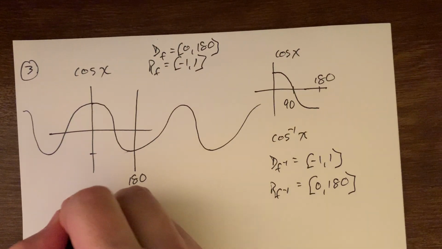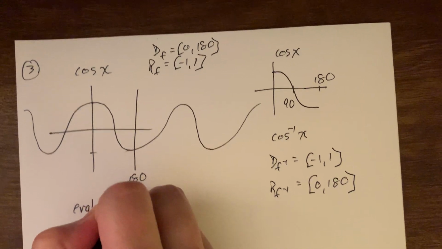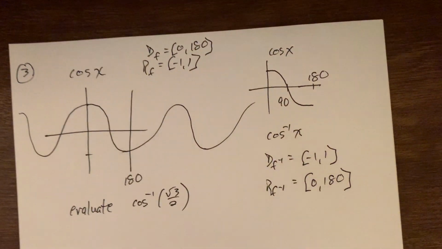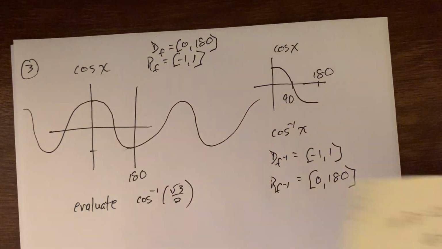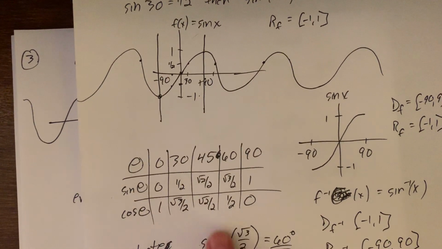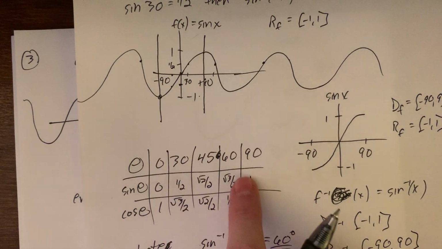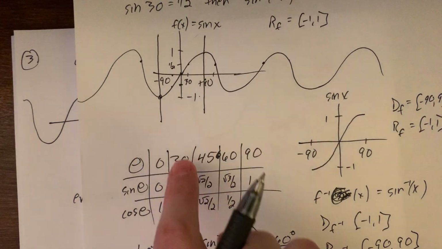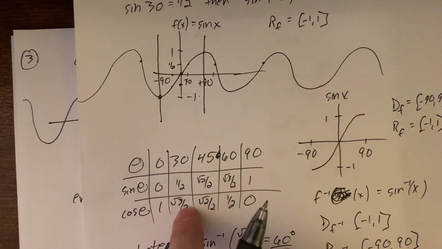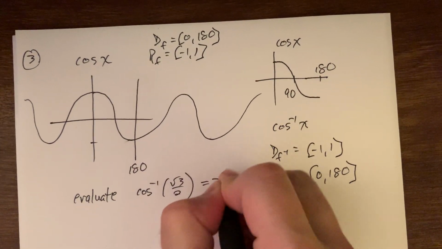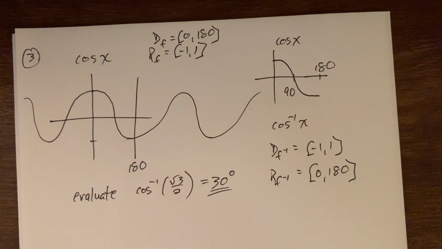So if you were told to evaluate, let's do inverse cosine of rad 3/2. Well, that's still nice. Go back to that same chart. Now I'm looking at cosine and rad 3/2. So I'm not here, I'm here, and the angle that puts those ideas together is 30 degrees. So this answer would be 30 degrees.